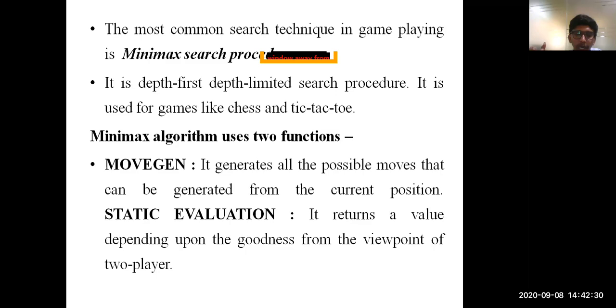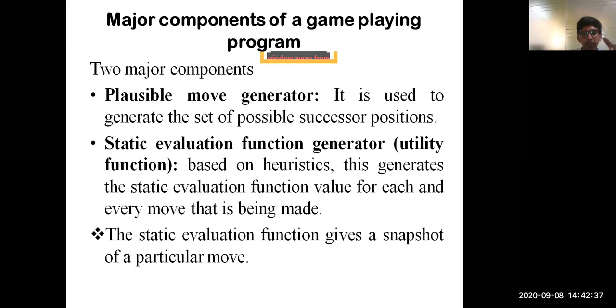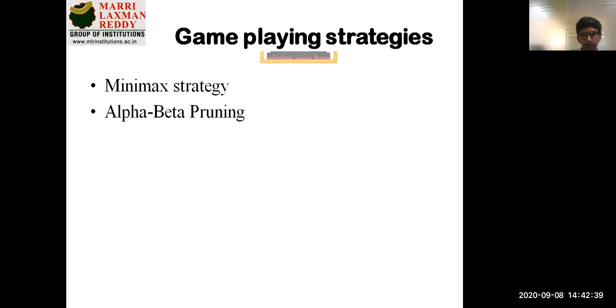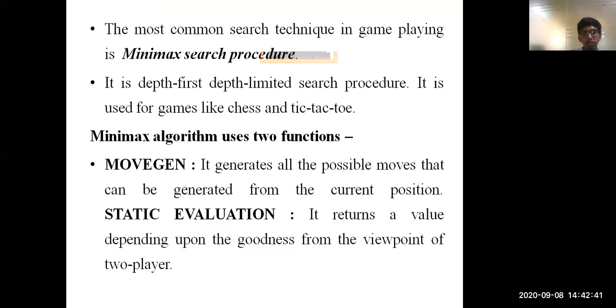So it returns a value depending upon the goodness from the viewpoint of the two players. You need to keep these two things in mind when I am talking about the min-max search procedure.